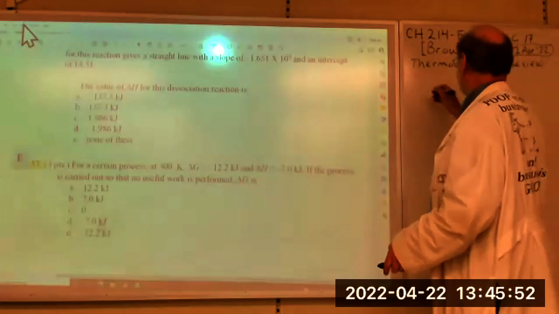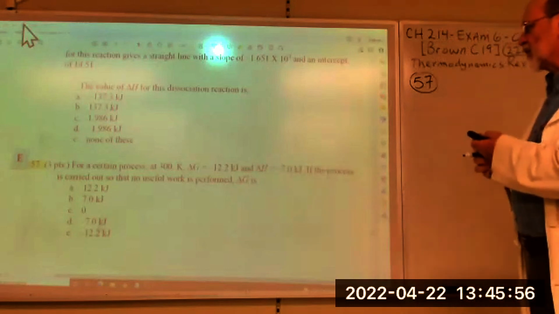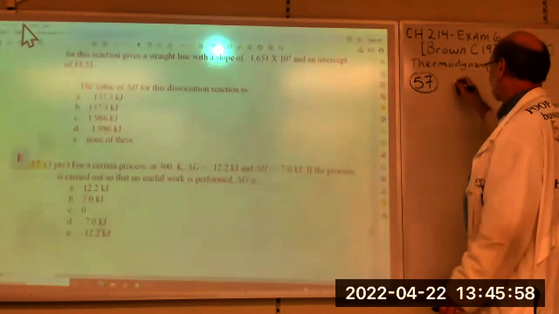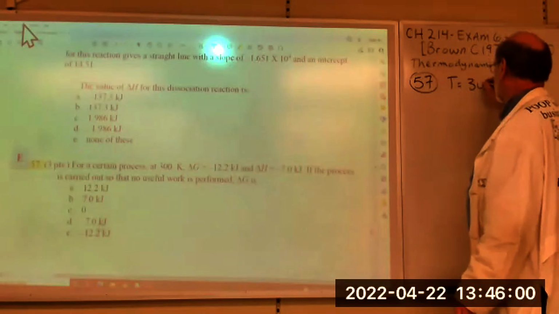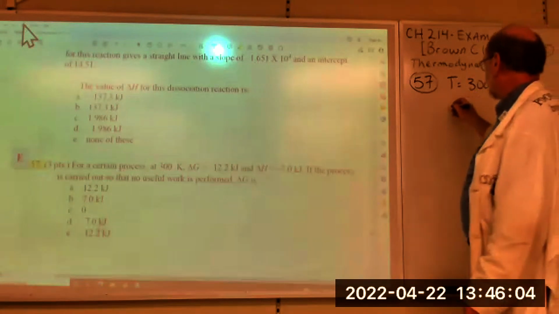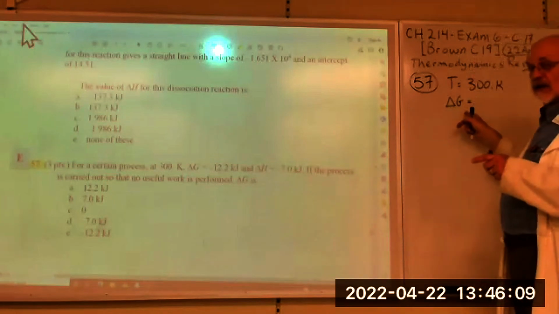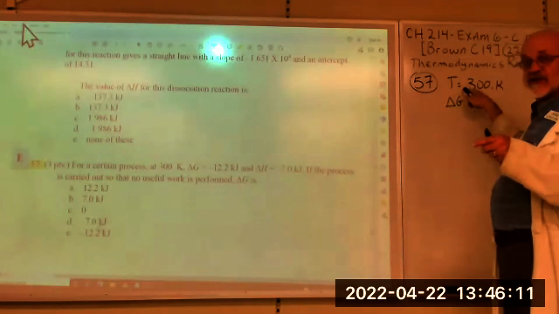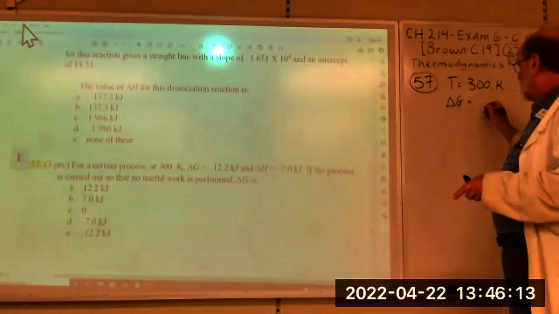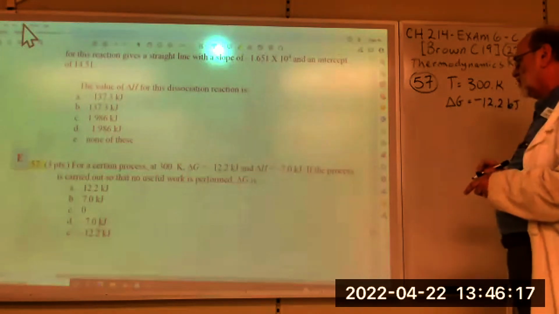All right, 57. For a certain process at 300 K, the temperature is 300 K, delta G. Now this is the actual delta G for that reaction, not the standard. It doesn't have a little 0 up there. Is minus 12.2 kilojoules.